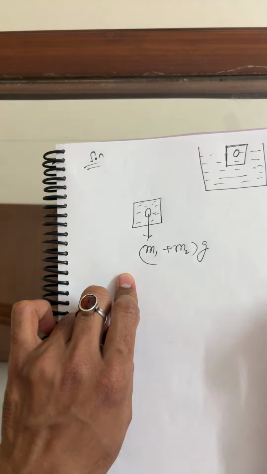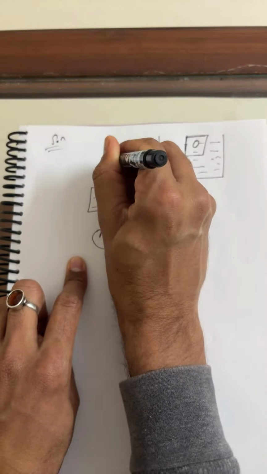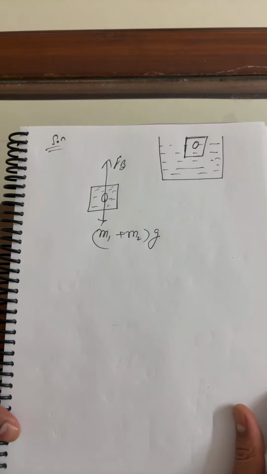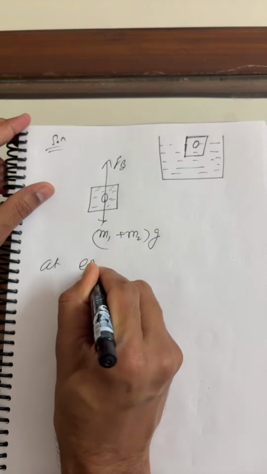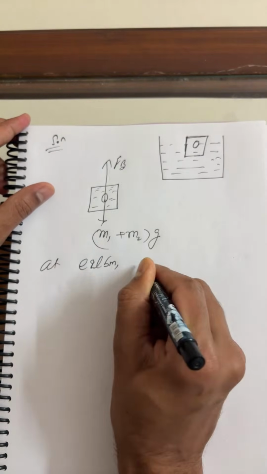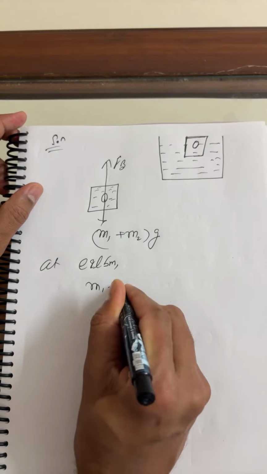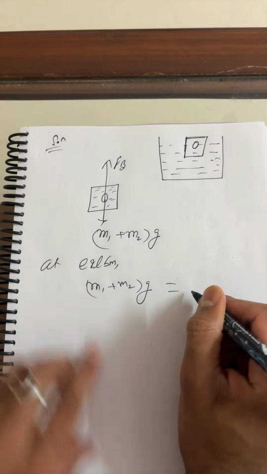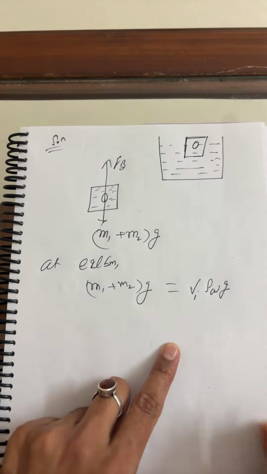M1 plus M2 into g is the weight, balanced by the buoyancy force. At equilibrium, M1 plus M2 into g equals the volume immersed times density of water into g.